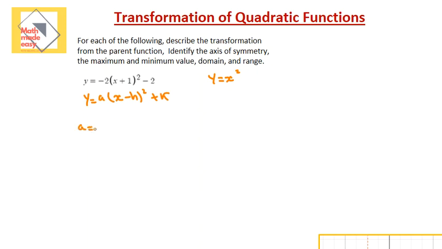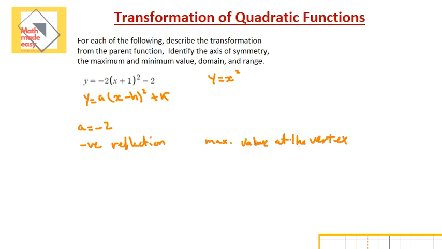Now I know that a is equal to -2. So what does that show me? It shows me 2 things. Because it's negative, I know there is a reflection, right? So in my description, I can say that this graph is reflected. Well, if this graph is reflected, it means it opens downwards, so it has a maximum value, right? The maximum value is at the vertex.